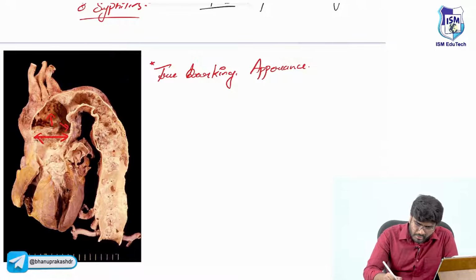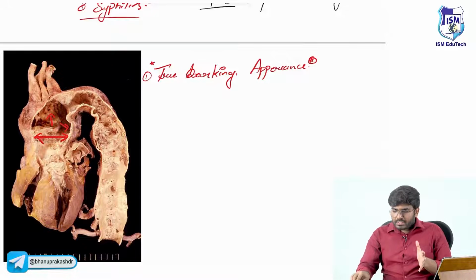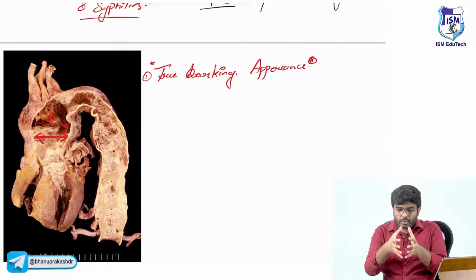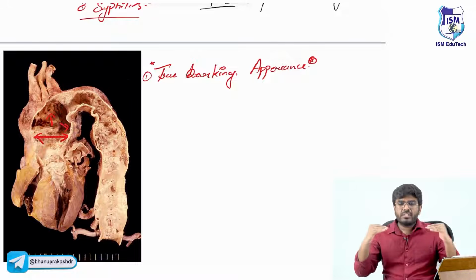Now, one more important point. Because of this aortic root dilation, think logically and tell me: the aortic root is getting dilated, an aortic aneurysm. When the aortic root is dilated, what happens to the aortic valves? Near the aortic root only, the aortic valve leaflets will be there. These leaflets are also going to move away from each other. So what will happen? There will be aortic regurgitation.